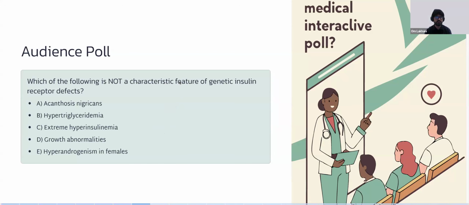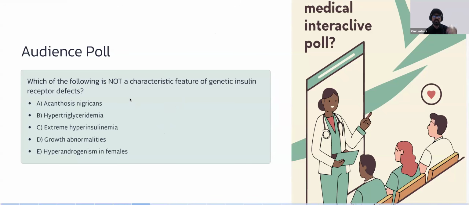Okay, right. So the answer to this poll question: the interesting thing to remember is how you differentiate a lifestyle or metabolic-associated insulin resistance from a genetic insulin defect.